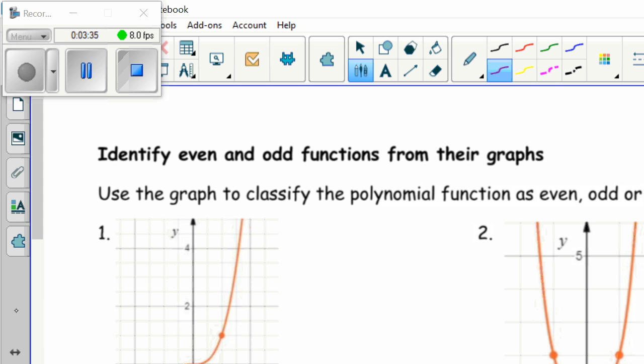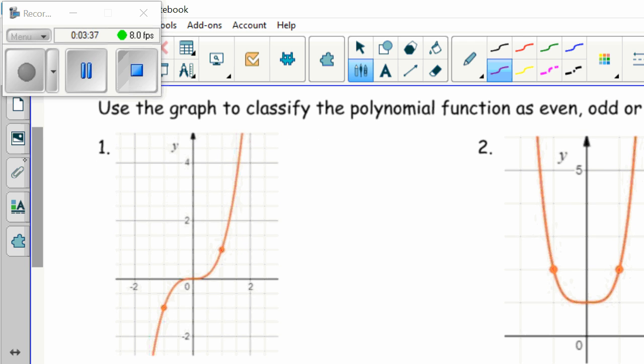So again, look at this first one. I can tell that it is not going to be symmetric about the y-axis because I don't have anything in the second quadrant above the x-axis, but I have something in the first quadrant above the x-axis. So I know it's not symmetric about the y-axis. Now I want to check about the origin.